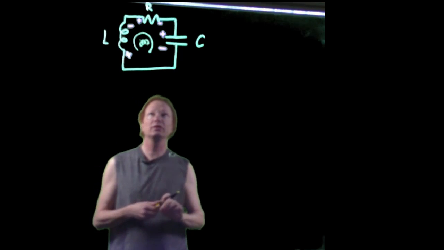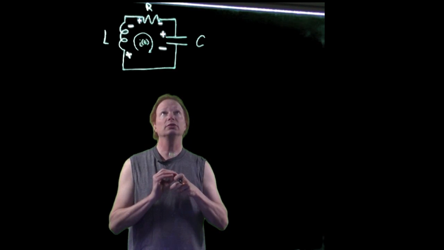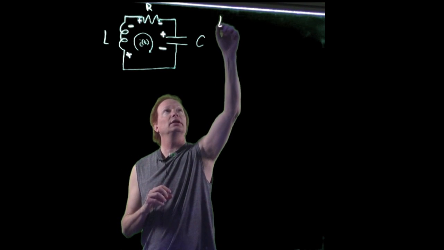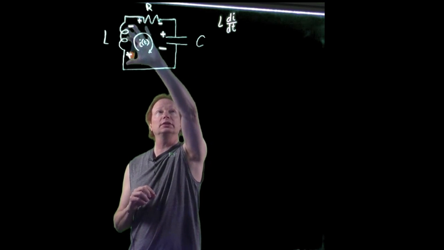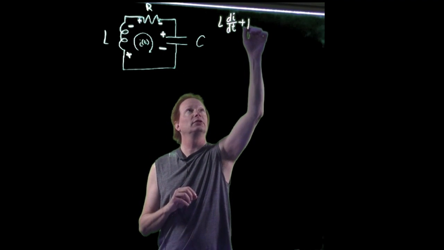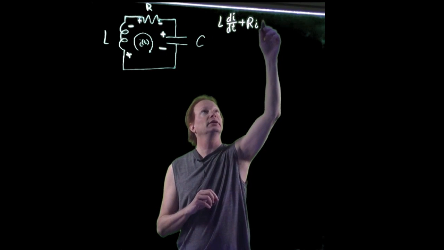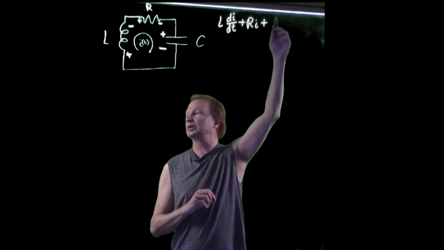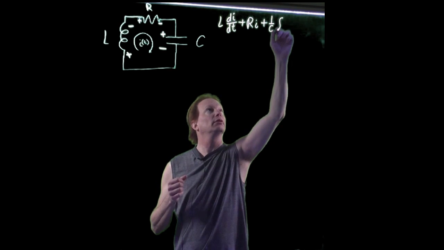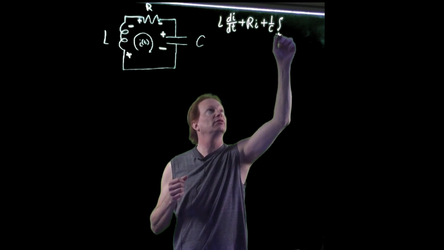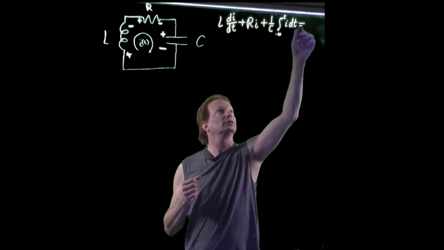If you apply KVL, Kirchhoff's voltage law, you'll have L di/dt as the voltage drop across the inductor, R times i as the voltage drop across the resistor, and 1 over C times the integral from minus infinity to t of i dt, all summing to 0.